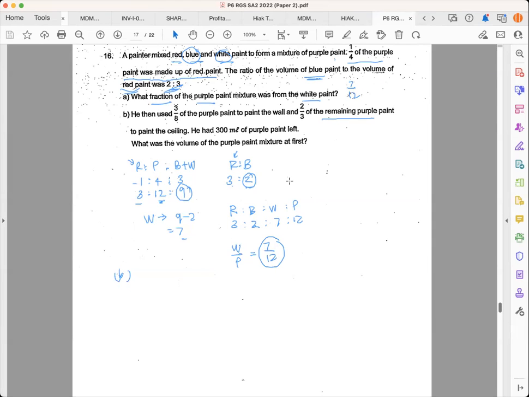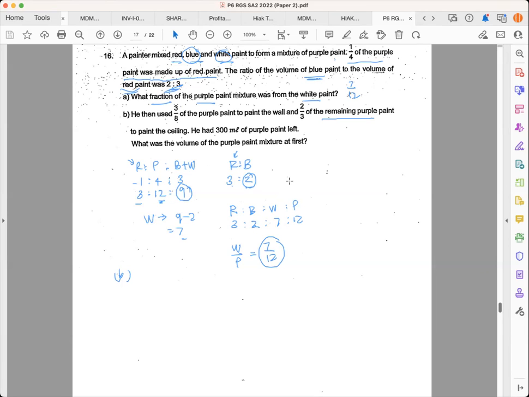And the word remaining should highlight to you that the approach is the model method. So let's use the model method to solve this question. Remember, whenever you see the word remaining, chances are the question requires you to use the model method to solve.